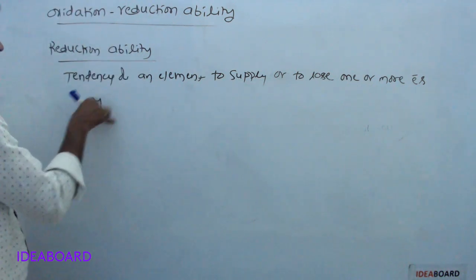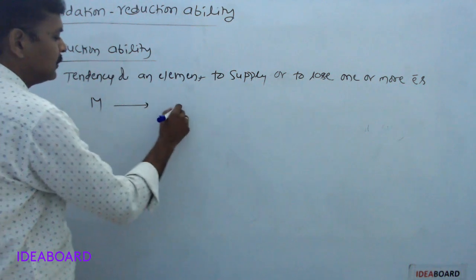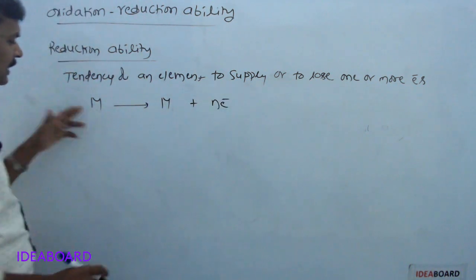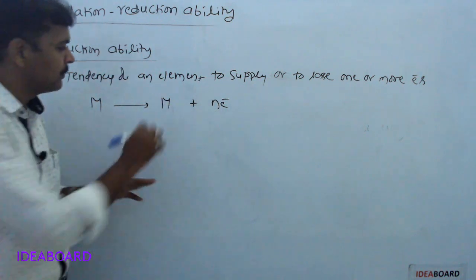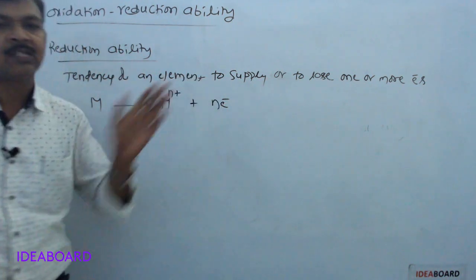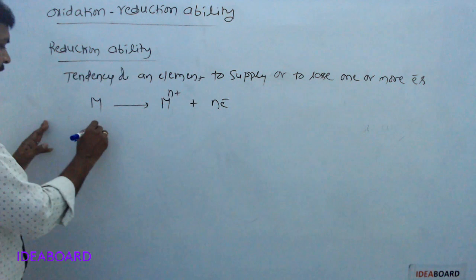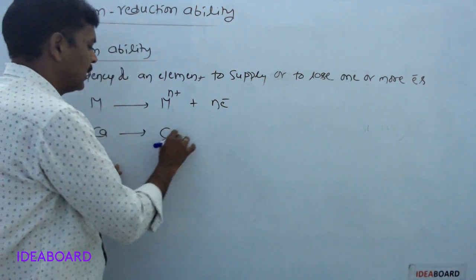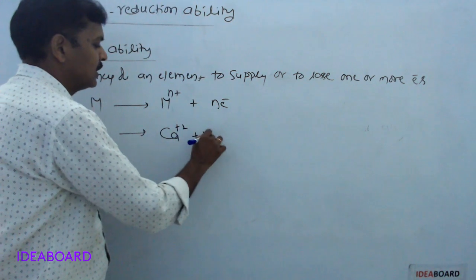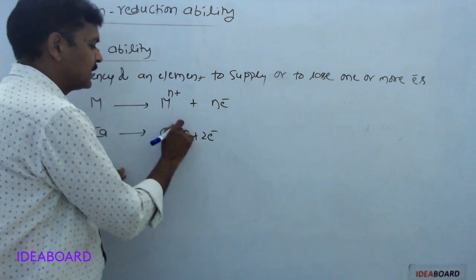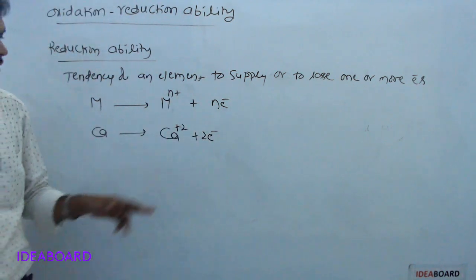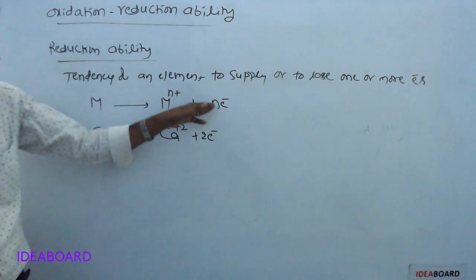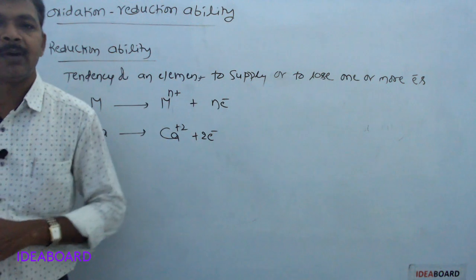Suppose you take an element M. If M loses n moles of electrons, then M^n+ is formed. Suppose if we take calcium, if calcium loses 2 electrons, Ca2+ is formed. So here that n is the number of electrons.